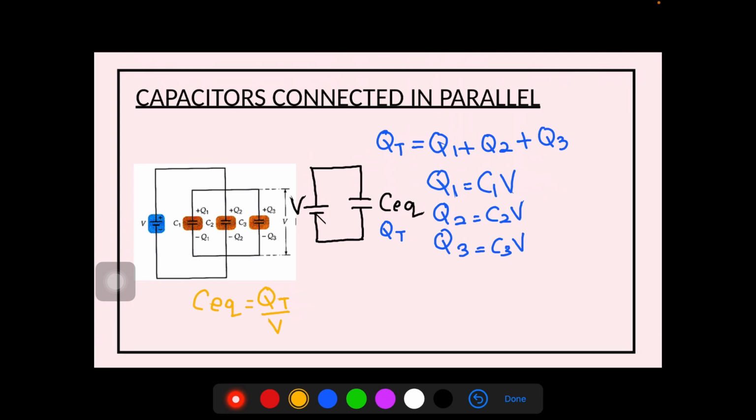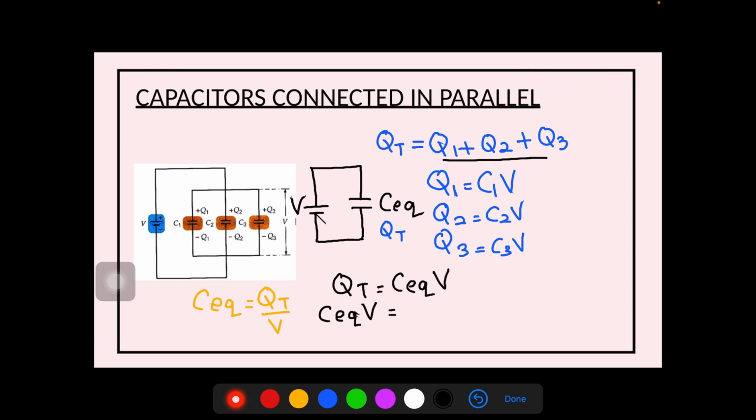So to find the C equivalent, it is equal to QT over V. When we take Q total as the subject, it will be equal to CEQ times V. We write CEQ V on the left side, and we know that Q total is equal to Q1 plus Q2 plus Q3.